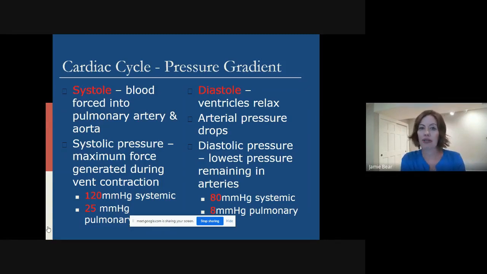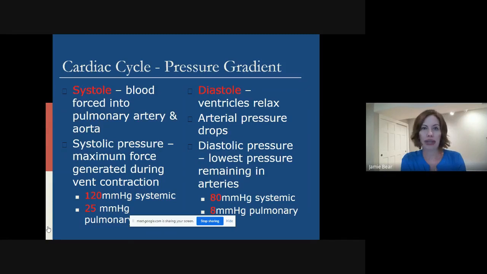The diastole pressure is the lowest pressure remaining in the arteries. So that pressure is generally around 80 in the systemic circulation and around 8 millimeters of mercury in the pulmonary circulation. So once again, about a 10 times greater amount or force in the systemic circulation versus the pulmonary circulation.